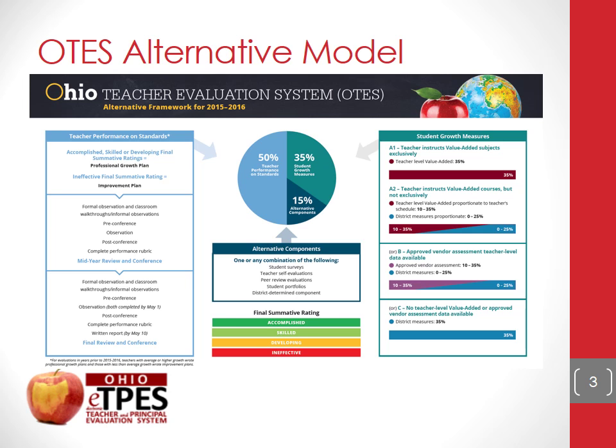Your district or community school may choose to use this model this school year. Again, this is a district decision, and the model chosen is to be used by the entire district or community school. However, the 15% component will be chosen for teachers on an individual basis.